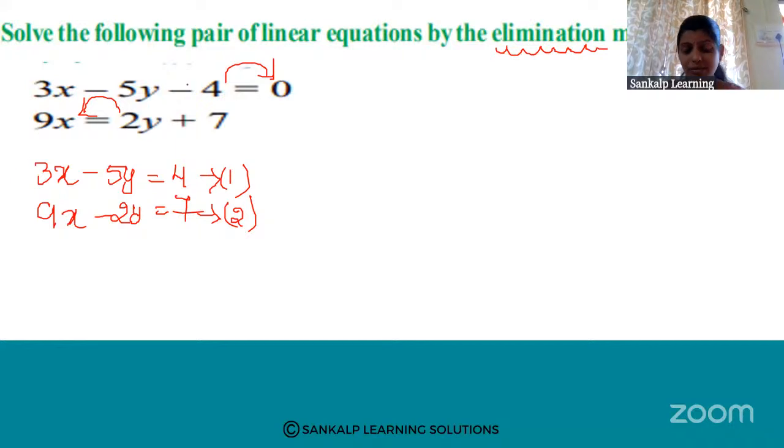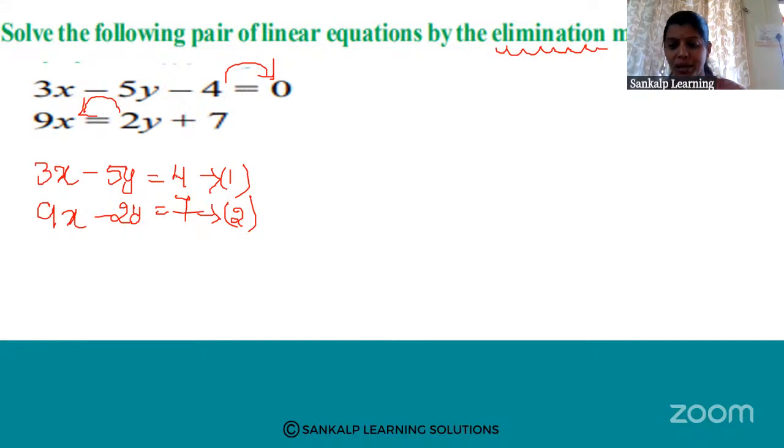Now, what will we do in the elimination method? Elimination means to eliminate one variable. So in order to eliminate one variable, the variables' values should be equal, right? Only when the variables' values are equal can you eliminate.